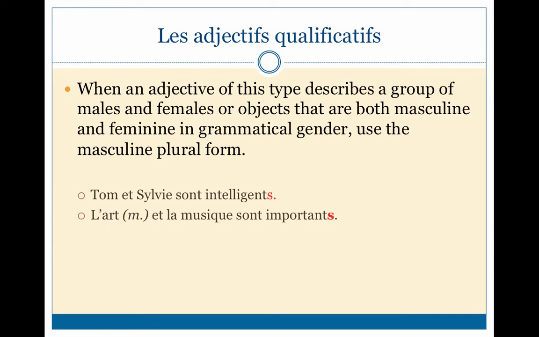So even though there's 1 man and 1 woman there, it's going to revert to the masculine plural form. L'art et la musique sont importants with an S, not an ES, because l'art is masculine. It's also a great example of why it would be really hard to memorize your genders using your definite articles. You wouldn't have known that, which is why they had to put that there.